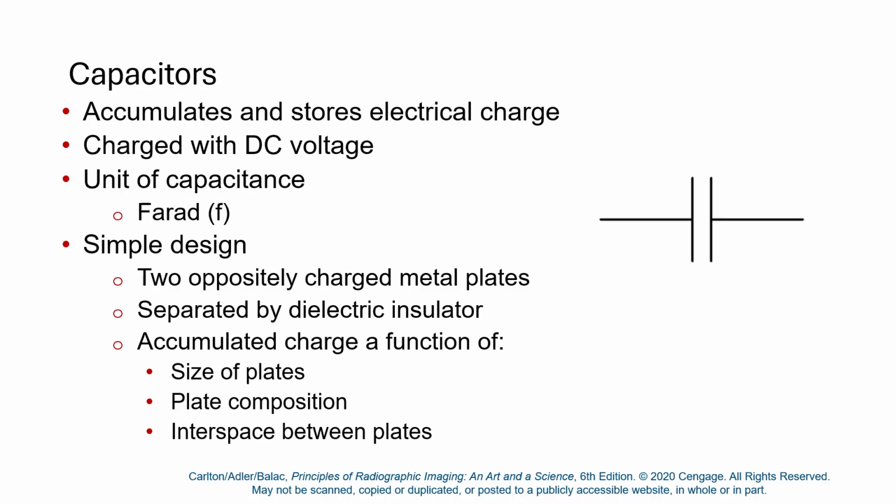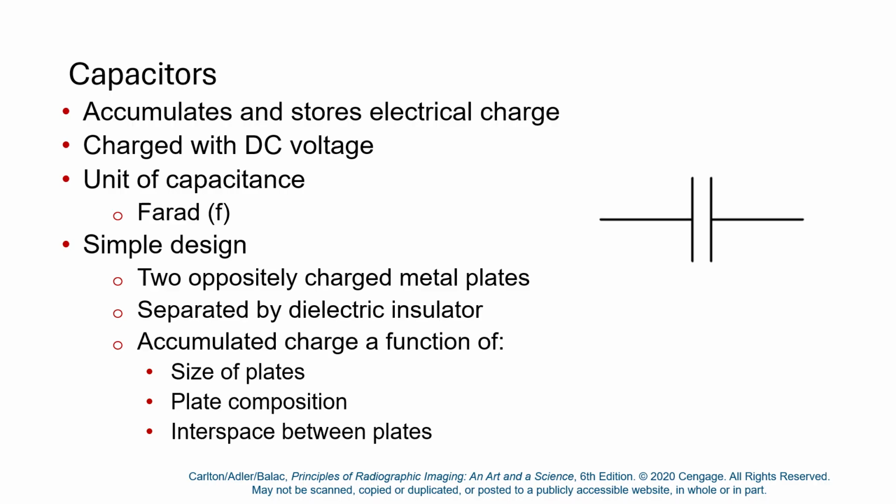the simplest capacitor is two metal plates that are very, very close together with an insulating material or a dielectric material in between them. And so dielectric materials are not charged. They can act as grounds or they can act as insulators. Okay.